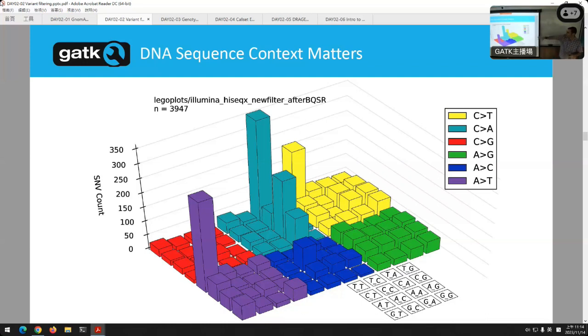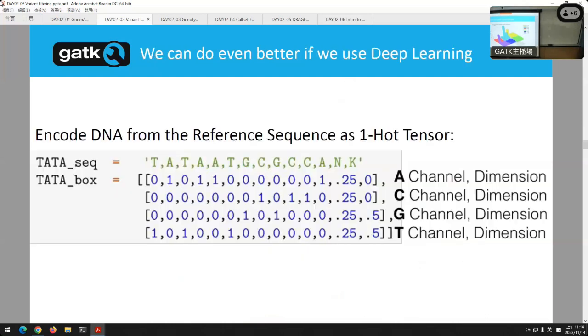So this is an error plot often. And so we know that the TAT turns into TTT in Illumina machines more often than it should. Well, that's very useful information to know that these sequencing machines make mistakes. We didn't use that in VQSR. We should be able to use that. Okay? Does that make sense? I don't need you to understand that entire plot, but just the concept there.